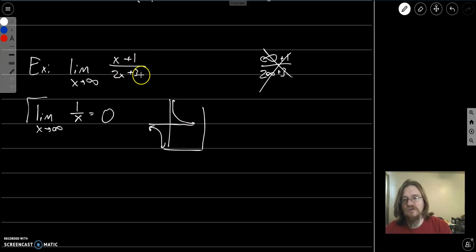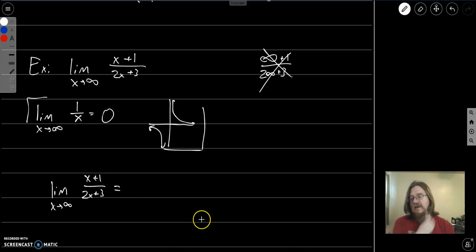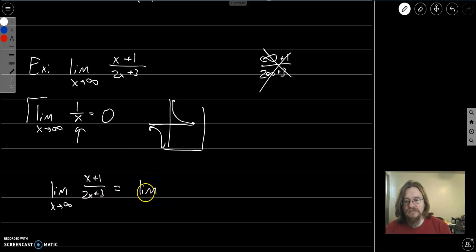So I'm going to abuse that inside of my function here. So let's take the limit as x approaches infinity of x plus 1 over 2x plus 3. And I want to use this fact by dividing the top and bottom by x.